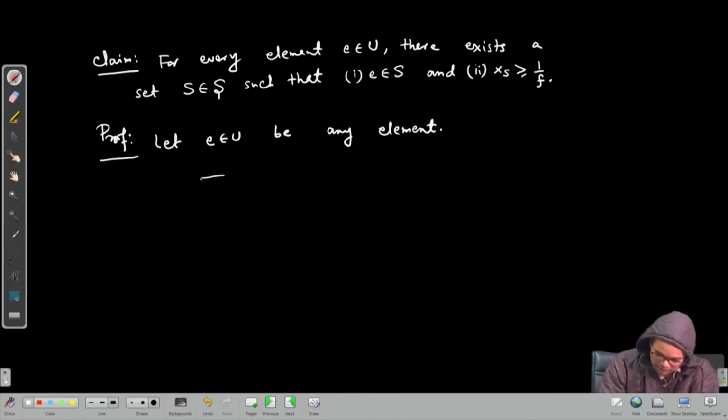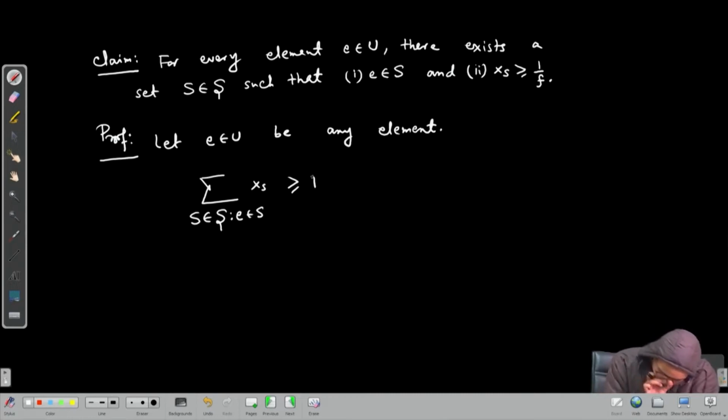That the sum over sets S in script S with E in S of X_S is greater than or equal to 1.